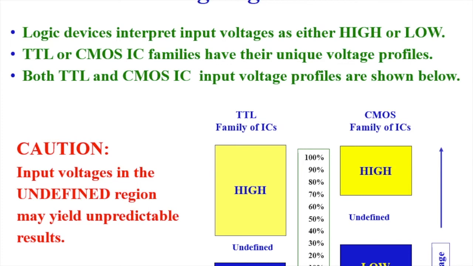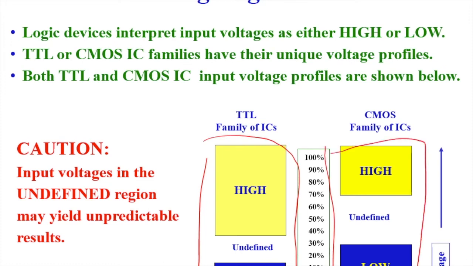Notice the differences in where the high is versus this one. If this were a 5-volt signal, the TTL would see high as approximately 2 volts plus, whereas the CMOS has to see 4 volts plus to see it.